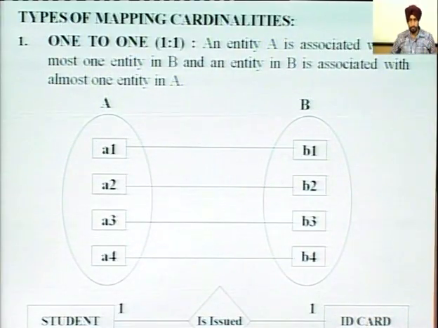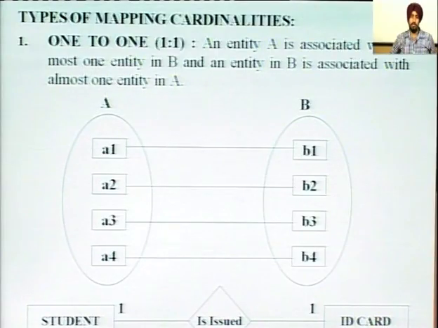That means there are two entities A and B, and every entity of A is associated with only one entity in B, and every entity of B is associated with at most one entity in A. That is called a 1 to 1 relationship.